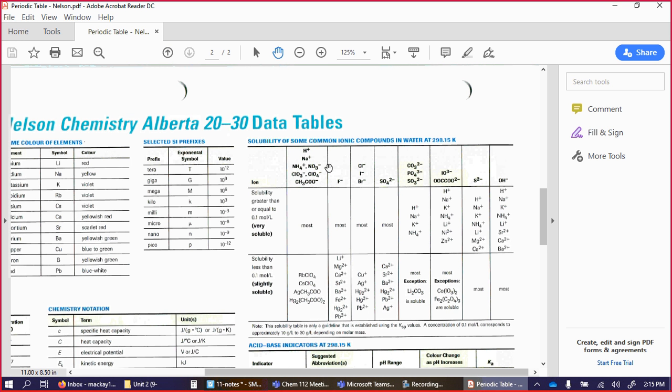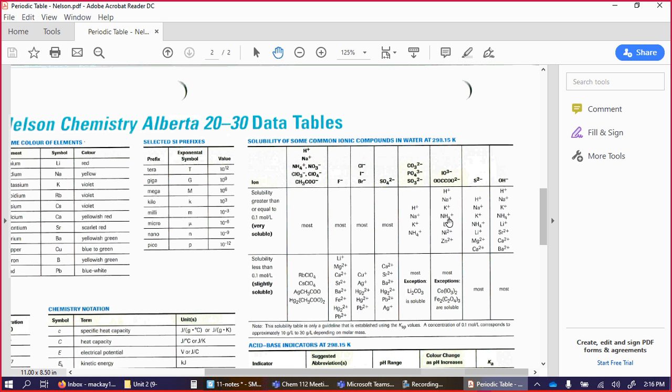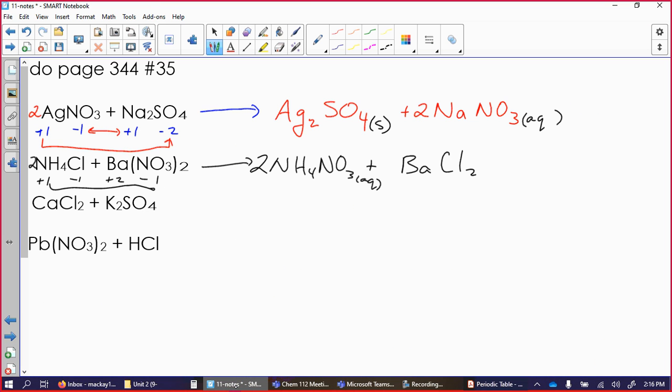If I go back to this, ammonium and nitrate are all generally soluble, so that one would be aqueous. Chloride, most, that's interesting. Because I'm like 99% sure barium chloride is insoluble, but based on those rules, that would be aqueous.